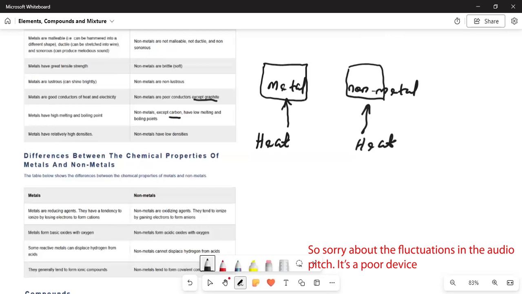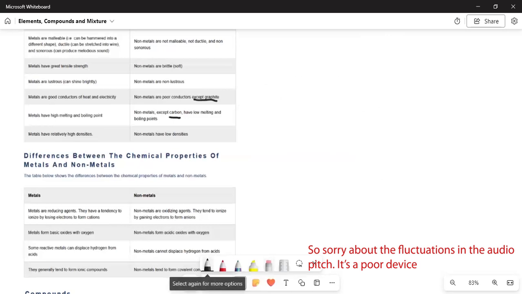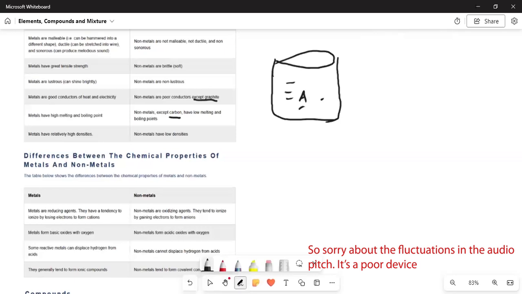And metals have relatively high density. The density of a material is the mass per unit volume. One analogy that I love to use in my class with my students: let's assume I have two cups of the same size. This is cup A, and in this cup A, I have pieces of iron filings.